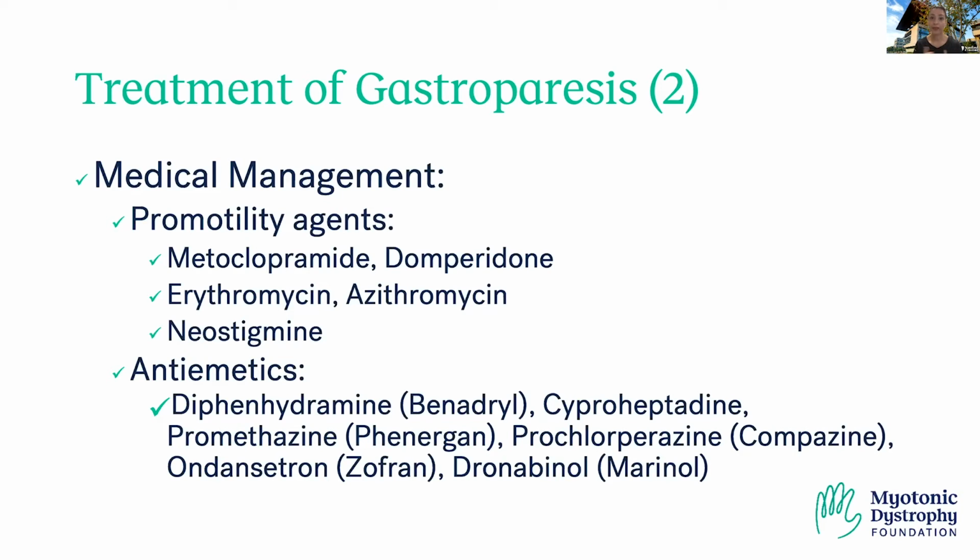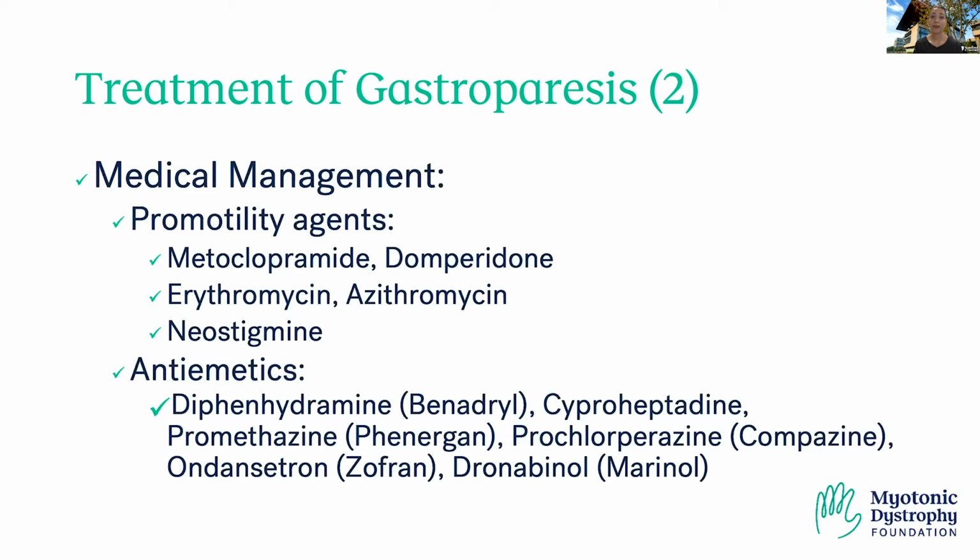Metoclopramide, you may know it as Reglan. Domperidone is not FDA approved, but can be used in certain patients. There are the 2 antibiotics, azithromycin and erythromycin, that can be used. All these medications, there are some concerns with the arrhythmias, and so we have to be very careful with their use. Neostigmine is working on the contractions. This is another way of improving the motility as well.